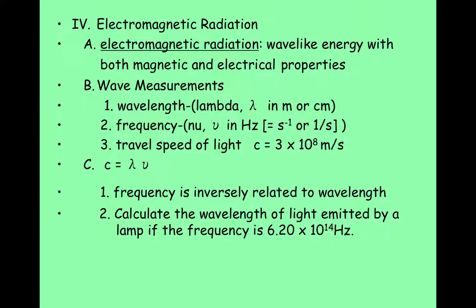And the equation we have is that c, the speed of light, equals lambda times nu, the wavelength times the frequency. What's really cool about this is, if you were to plug in ones for all of these numbers, if I said that c equals 1 times 1, well then it's 1. If I increase lambda, if instead of having lambda be a 1, I make it a 2, then in order to keep c as 1, I have to shrink the frequency. And what that's saying is that wavelength and frequency are inversely related.